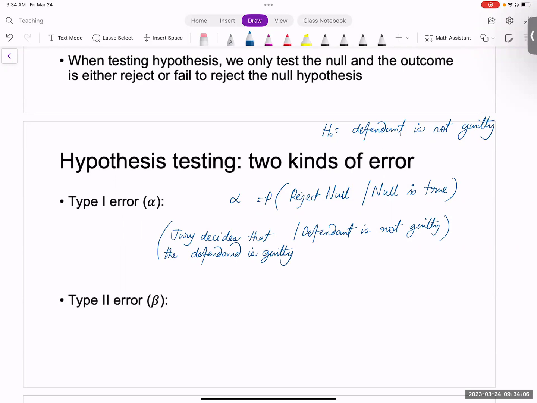So the defendant is originally not guilty, but somehow, because of some evidence, the jury decides that the defendant is guilty, and this leads to type 1 error.